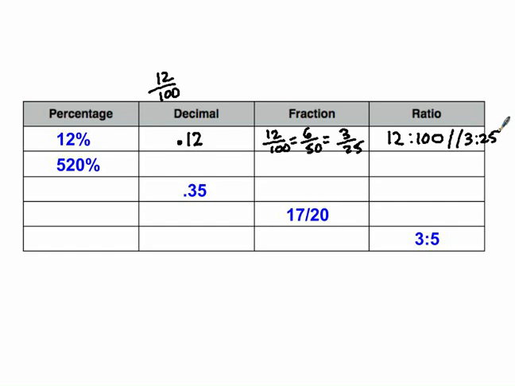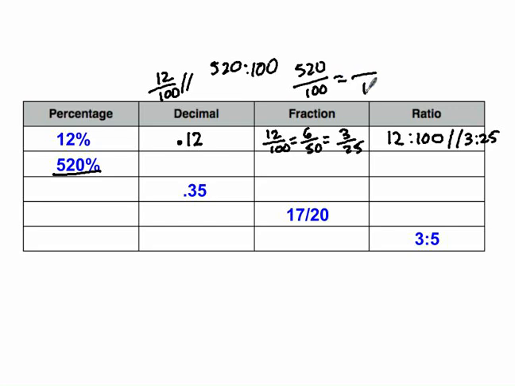520%, I wanted to put this up because it might be a little confusing if you see something like that, but don't be. It means the same thing. Percent means per 100, so once again I'm going to write up here, it's 520 per 100, or 520 100ths. If you're thinking about getting it to a decimal form, remember we want to get rid of that denominator.